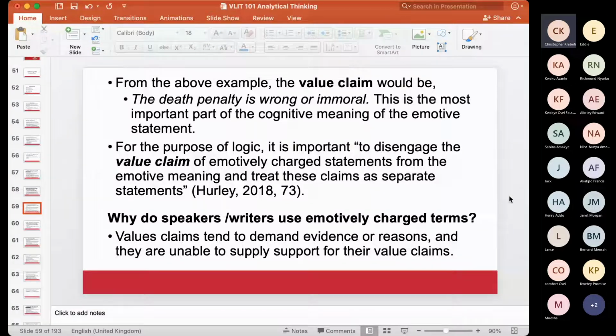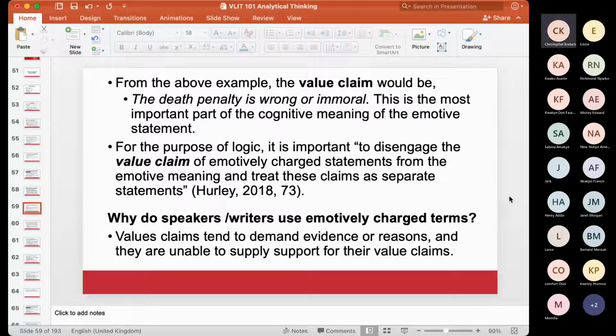So for the purpose of logic, it is important that when emotive language is used, when an emotive statement is used, you have to do everything possible to disengage the value claim from the emotive meaning. Then you treat those claims as separate statements.